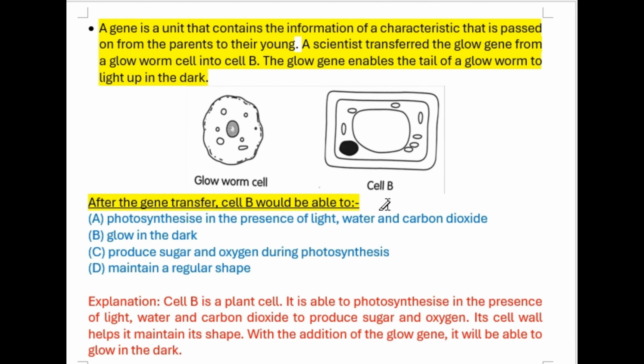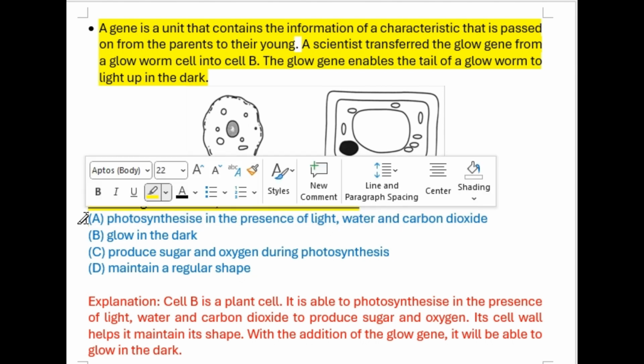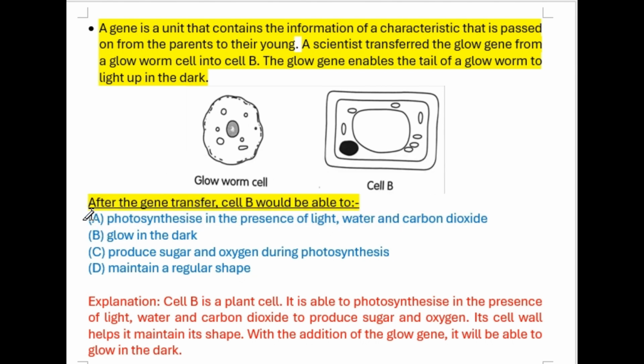After the gene transfer, cell B would be able to: A. photosynthesize in the presence of light, water, and carbon dioxide. B. Glow in the dark. C. Produce sugar and oxygen during photosynthesis. D. Maintain a regular shape.